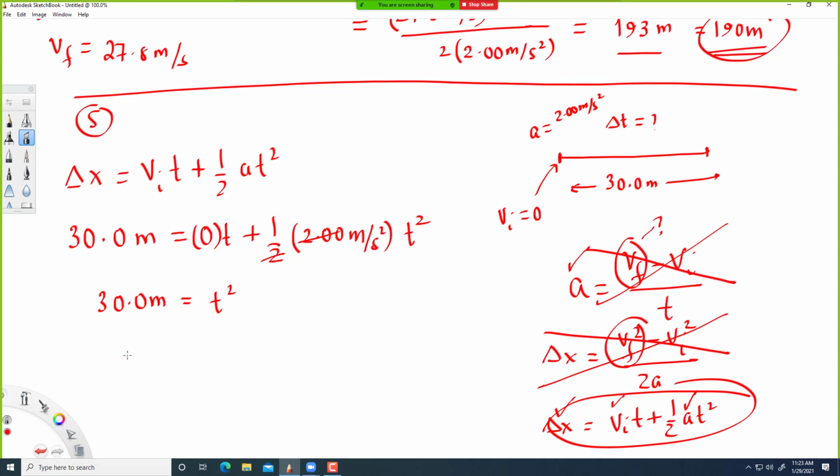So that means to find t, we need to take square root on both sides. So when we take square root, that would be square root of 30. And square root of 30 is 5.48 seconds.